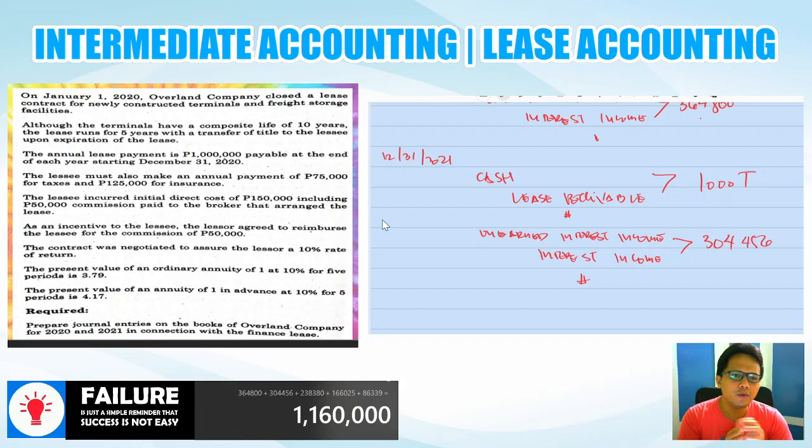That is why we will compute for a new implicit rate applicable to your new net investment. Because if we look at the definition of net investment, it is the present value of rent received plus any initial direct cost paid by the lessor. Okay? So we should know the concept of the amortization schedule and the interpolation process. So that is subsequent recognition.